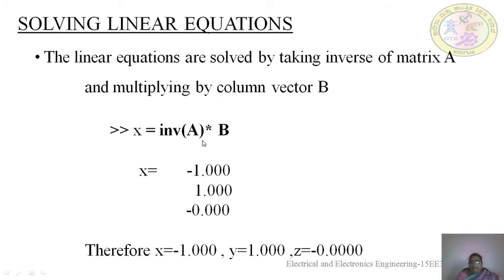It is this simple. Suppose instead of x, y and z you had taken I1, I2, I3. Write the coefficients of I1, I2, I3, take the inverse of that matrix and multiply it with the constants, the EMFs, and then you get the values of I1, I2 and I3.